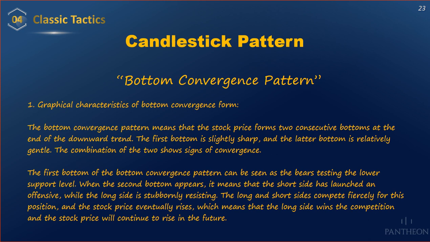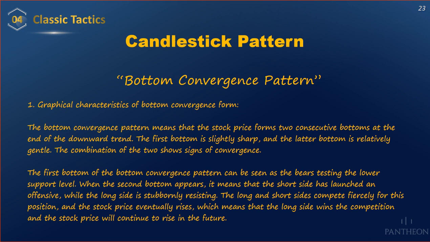The first bottom of the bottom convergence pattern can be seen as probably the support level below. When the second bottom appears, it indicates that the bears have launched an attack, while the bulls resist against them.